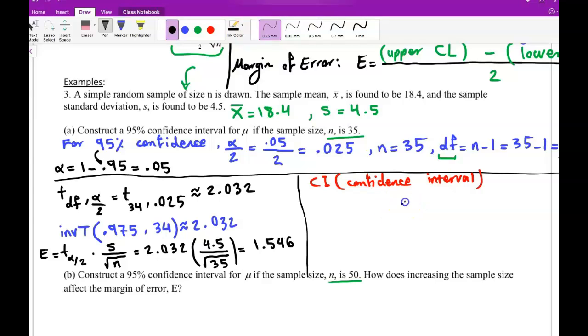So mean is between x bar minus E, x bar plus E. So for x bar, we have 18.4 minus E is 1.546.